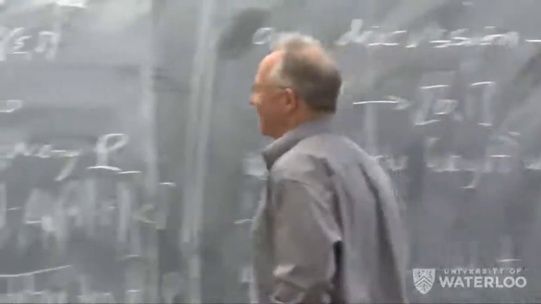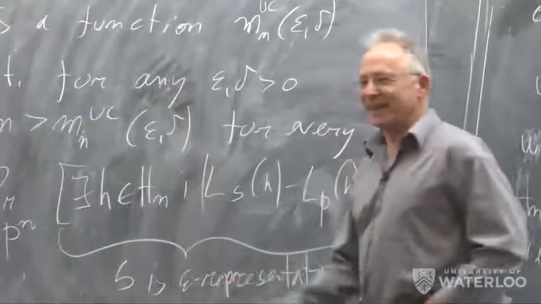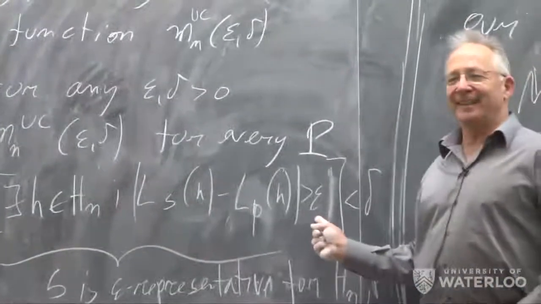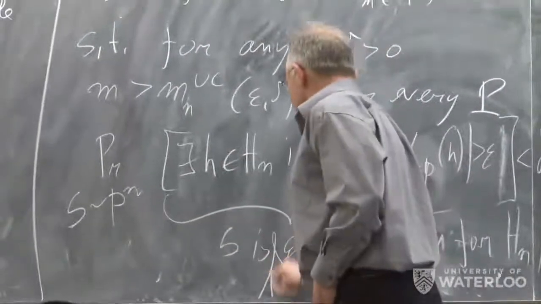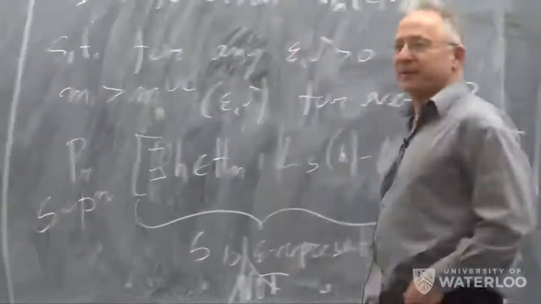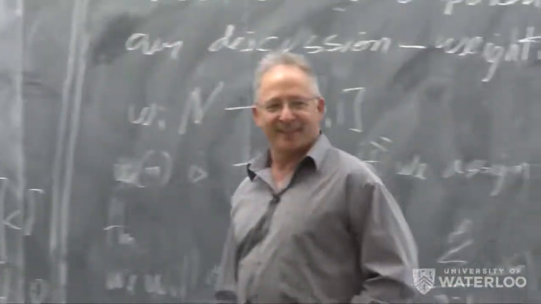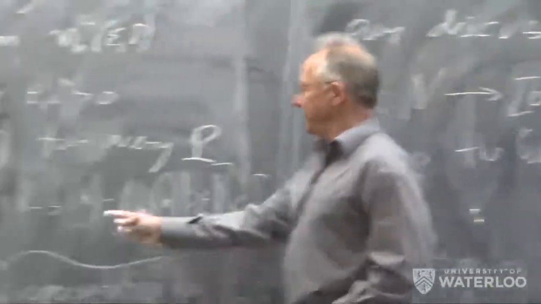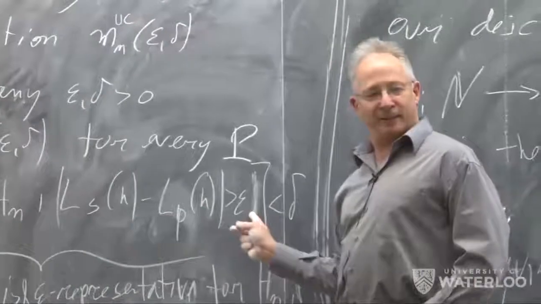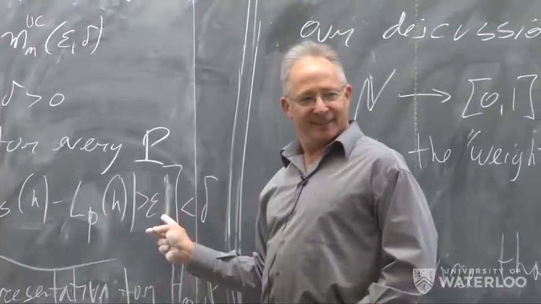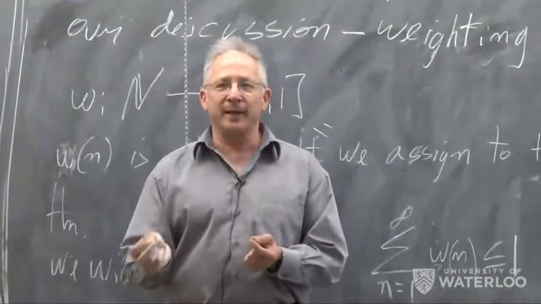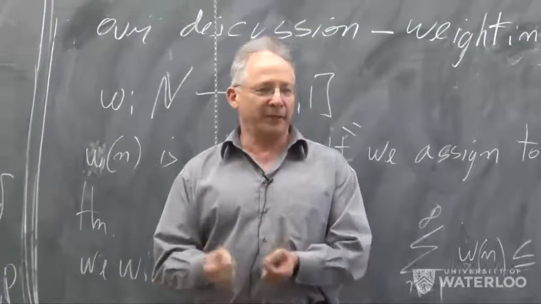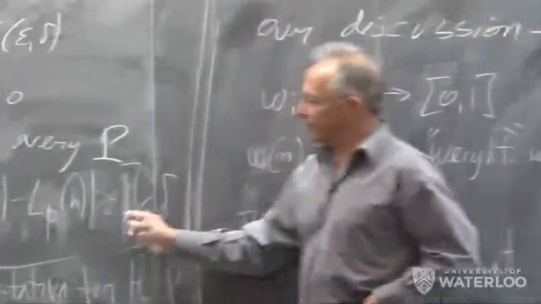Right. So let me repeat what she was saying. What we have here in the bracket is the claim that H is not epsilon representative. It fails to estimate. The difference is bigger than epsilon. It is epsilon representative if it estimates correctly the loss of H. But this is the bad case.